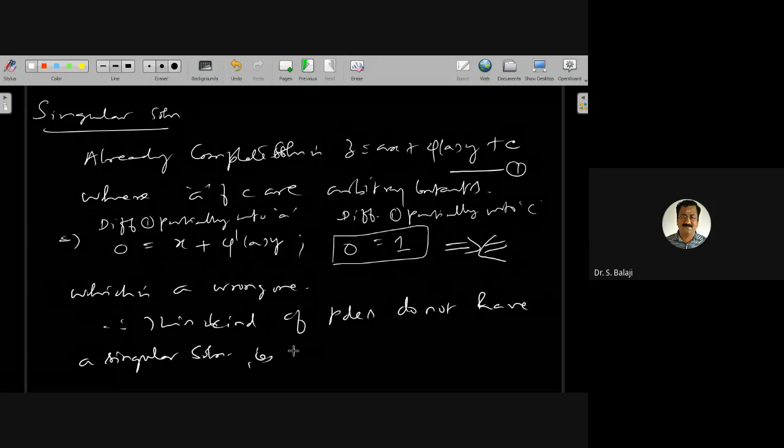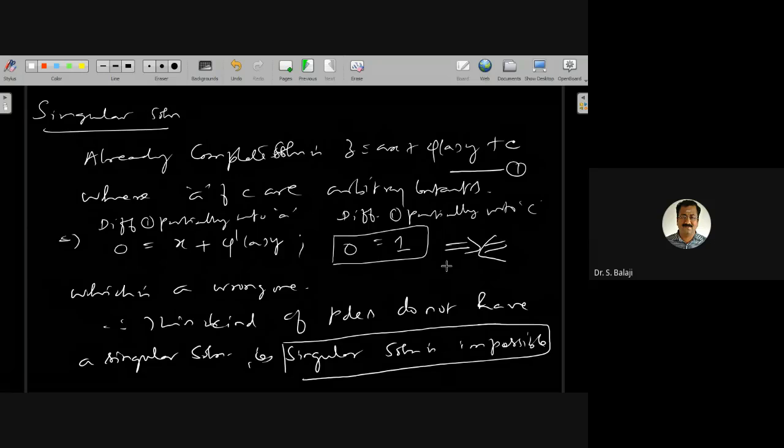That is, a singular solution is impossible for this kind of PDE. We are getting wrong conclusions, wrong ideas here. For this type of PDEs, you do not have any singular solution.